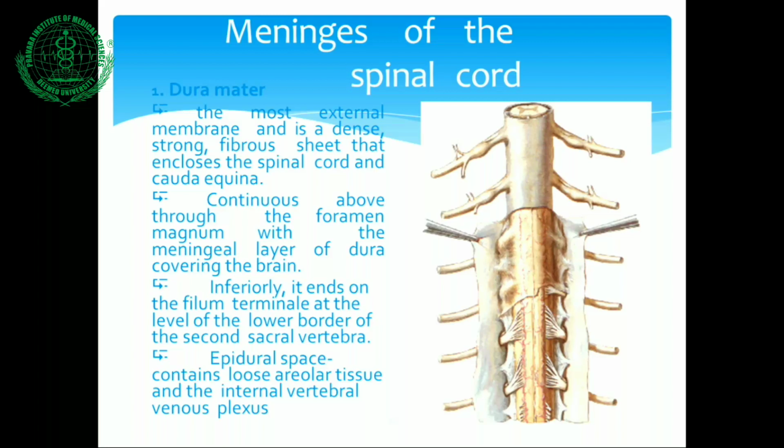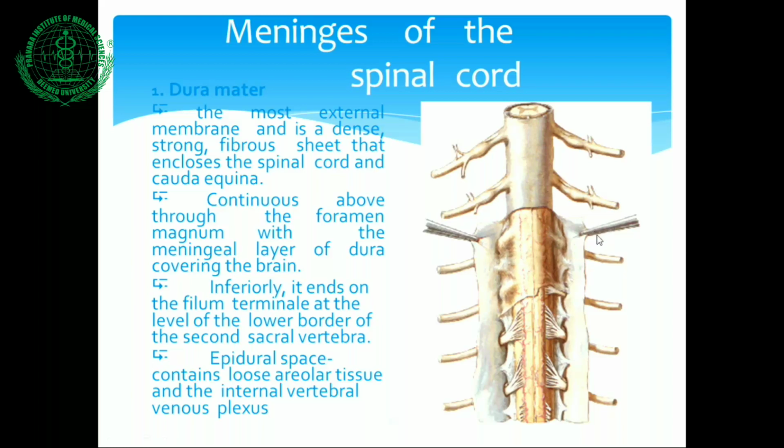The different spaces which lie adjacent to these three different coverings or membranes of spinal cord are epidural space, subdural space, subarachnoid space. These are the three different spaces and coverings of spinal cord. Now first about the outermost layer or membrane of spinal cord known as dura mater.